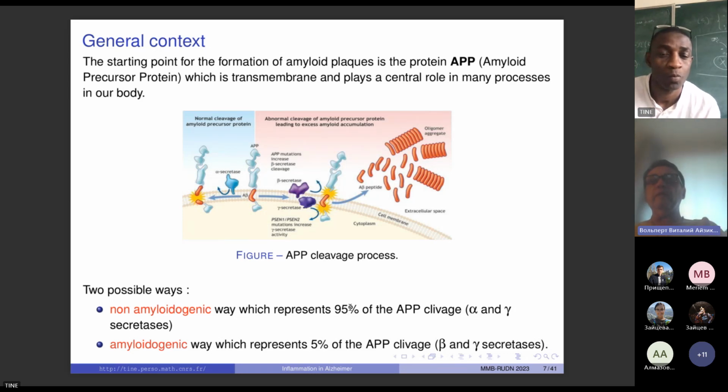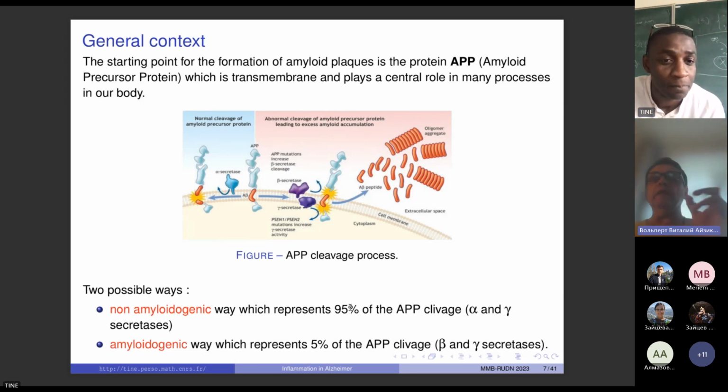This 5% leads to the aggregation of these oligomers and to the cytotoxic effects of this aggregation. So all that is for people who have Alzheimer's disease, right?